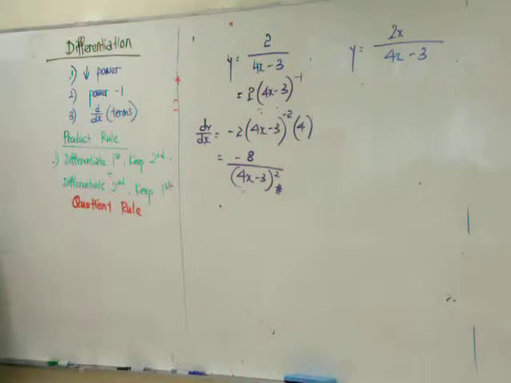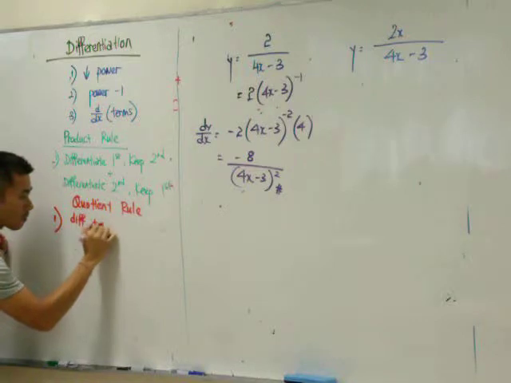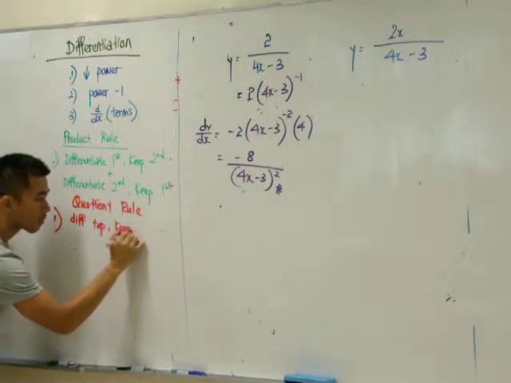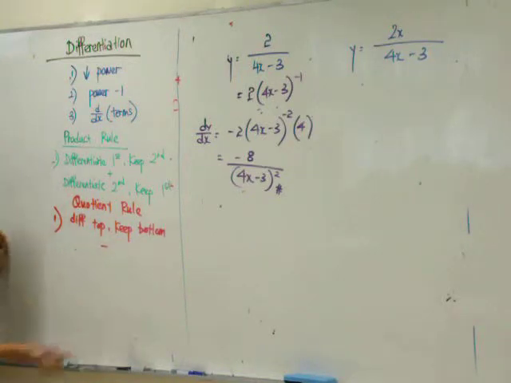Alright? Quotient rule. Step number 1. Differentiate the top, keep the bottom. Minus. Step number 2.